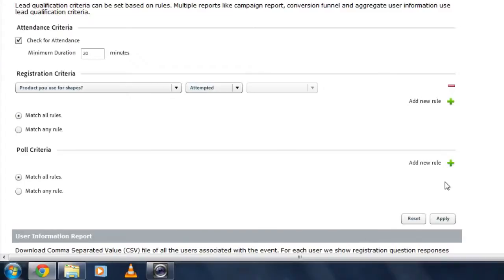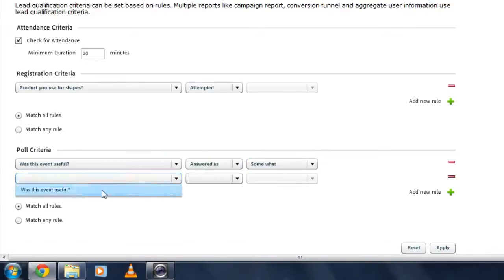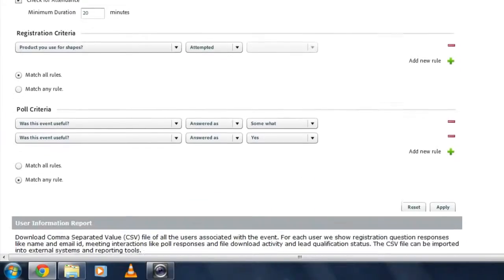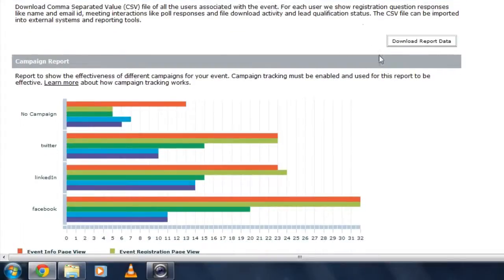I can do the same thing with polls, and I can add as many of these rules as I'd like. So I might want to add a second rule here to capture both somewhat and very answers. Somewhat and yes. And I'm going to say match any rule rather than match all rules, and that will capture both poll questions.